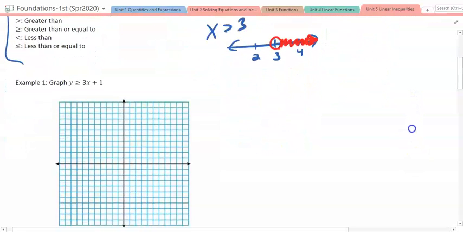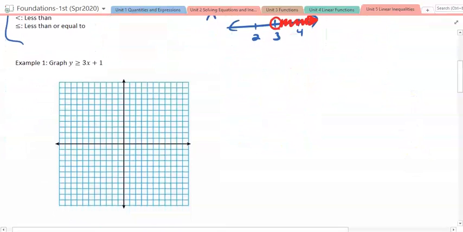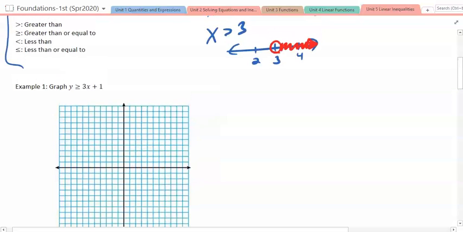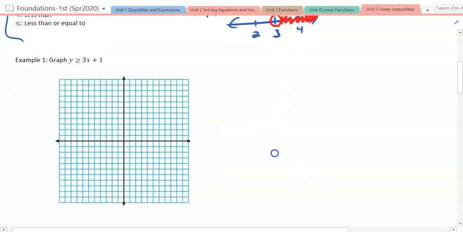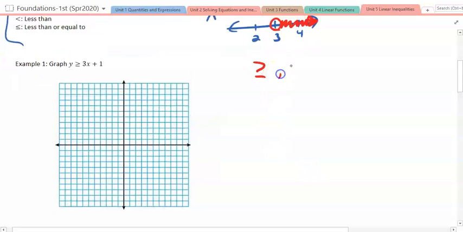Now, when we deal with a 2 variable problem, we will still have shading, but our line will be one of 2 types. If I have the symbols greater than or equal to, or less than or equal to, the line that I draw for the inequality will be solid because the points along that line will be included in the solution set.